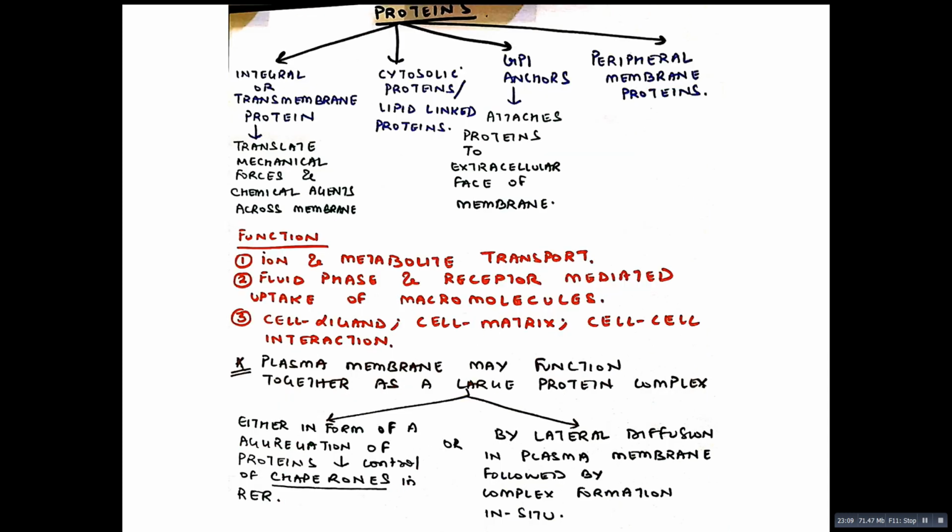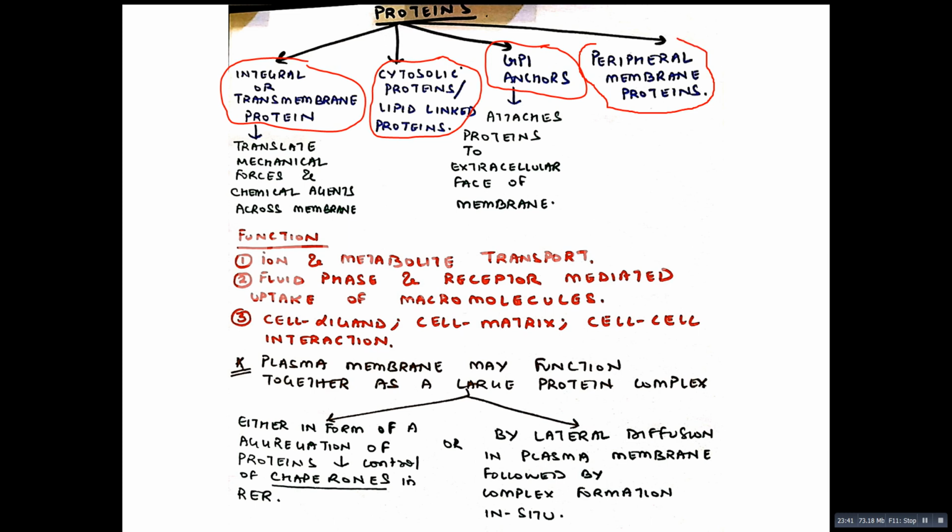Then we have certain cytosolic proteins or lipid linked proteins. We have GPI anchors, which basically attach the proteins to the extracellular face of the membrane, and we have other peripheral membrane proteins. Now, the basic function of these proteins are ion and metabolic transport, receptor mediated uptake of macromolecules, cell to ligand and cell to matrix, and cell to cell interaction.